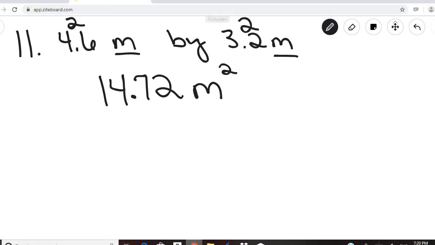When you multiply 2 numbers together, the answer is reported to the least number of significant figures. So they're both 2, so the answer can only be reported to 2 significant figures. With rounding, the answer would be 15 meters squared.